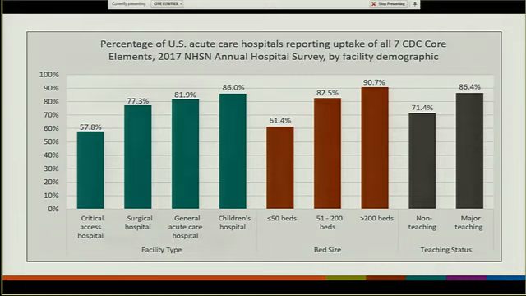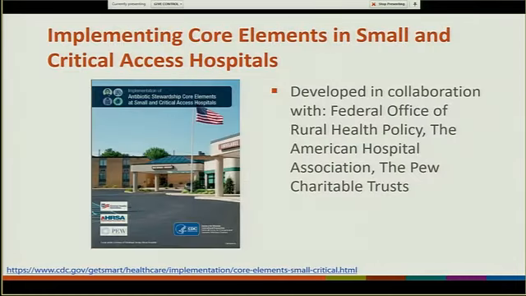Next slide. To address this, we worked with the Federal Office of Rural Health Policy, the American Hospital Association, and Pew Charitable Trusts to launch what we call Implementing Core Elements in Small and Critical Access Hospitals, launched in the summer of 2017.